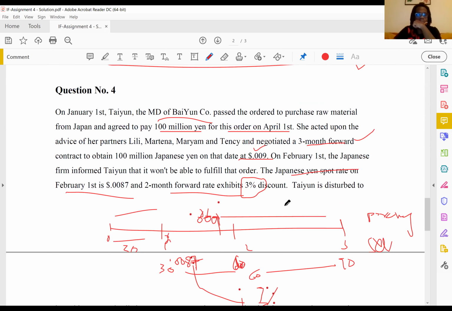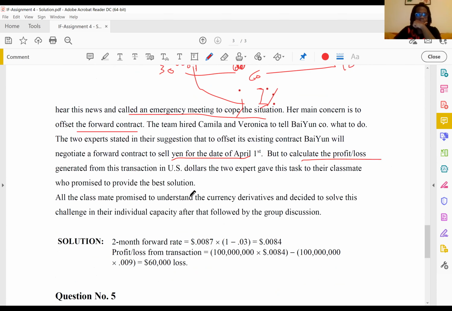So, first, the original contract, you will buy 100 million yen at expiration of 90 days at 0.009. And then you sell the 100 million at expiration of the new forward rate, which is spot rate 0.0087 multiplied by 1 minus 3%. So that is the answer here, right?